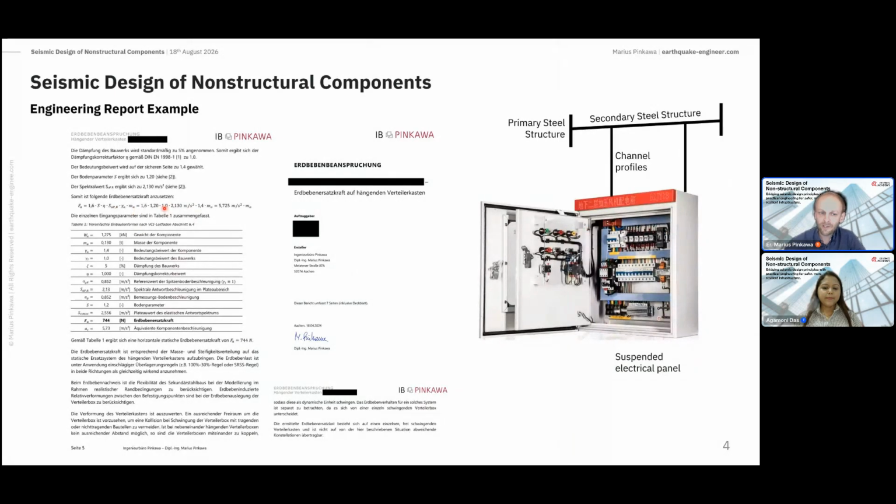But from my point of view, the tricky part, if we have a real project, is not to put these values in the formula and then get the final result, but to decide which parameters we need to input to this formula. So, for example, which importance factor? Sometimes I have just 4 pages describing the choice of the importance factor, about the consequences on life safety, on the environment, and on lifeline facilities.